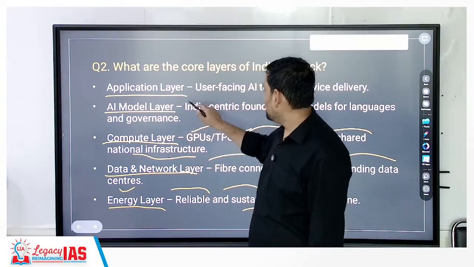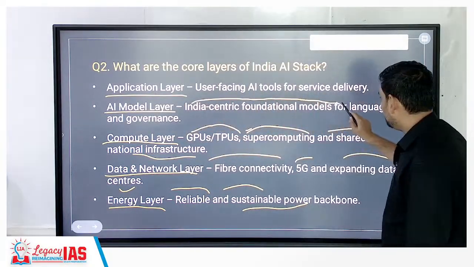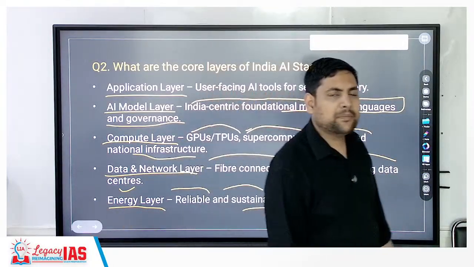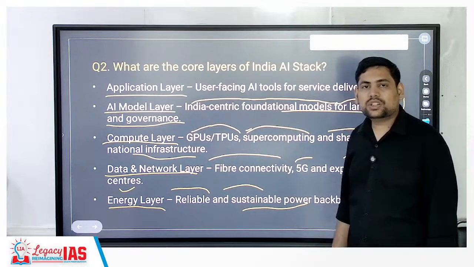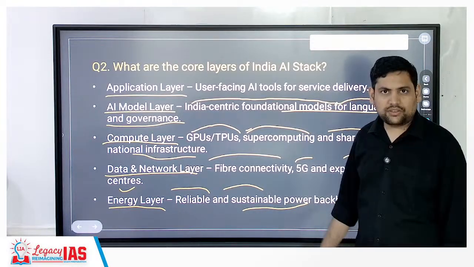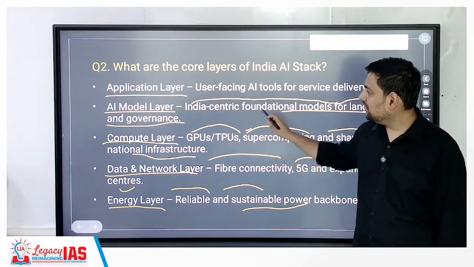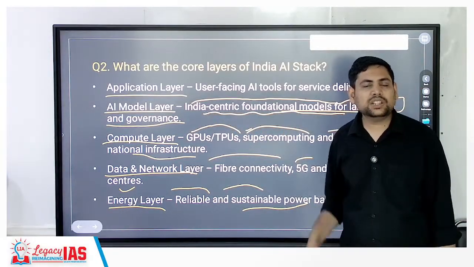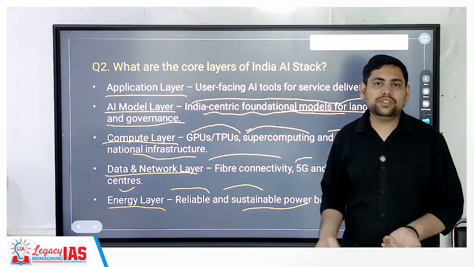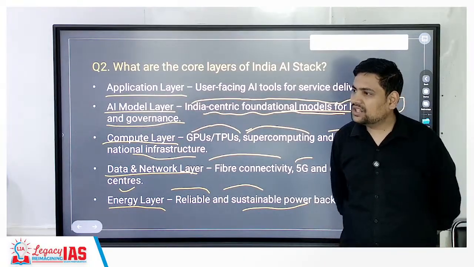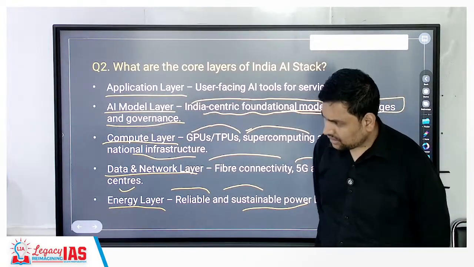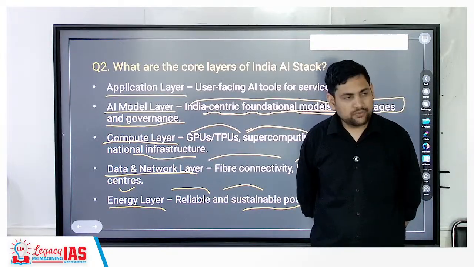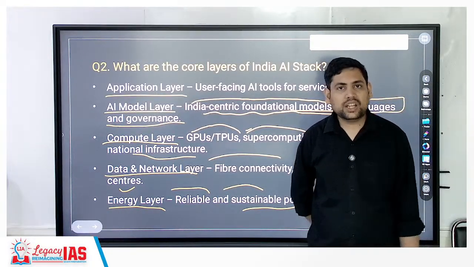Then the AI model layer, that is, India-centric foundational models for languages and governance, so that the apps or anything that we make are not directly based on, let's say, AWS or whatever foreign systems. Instead, we need to make something India-centric, because most of India does not speak either English or even Hindi. Correct? One of the issues is that 80 to 90% of what is used as the internet in India is actually in English.